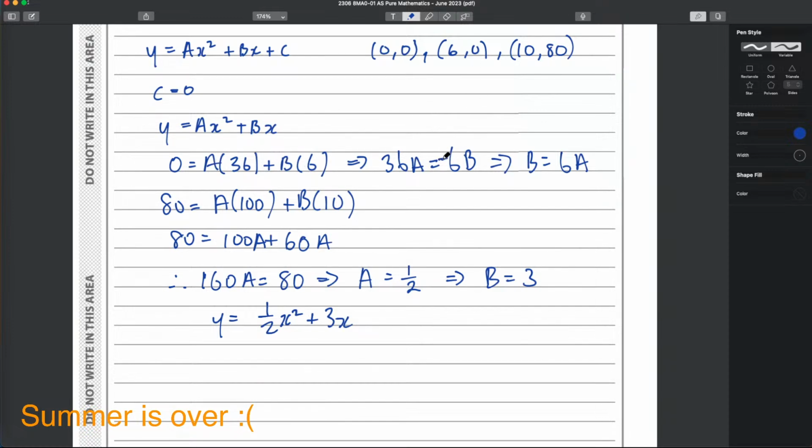Oh, I missed this negative here. b equals negative 6a. Yeah, that gives us a completely different answer. a is equal to 2, and b is equal to negative 12.